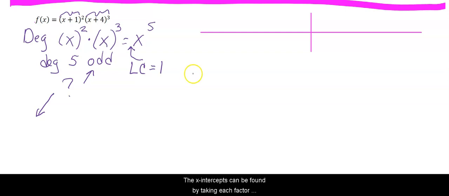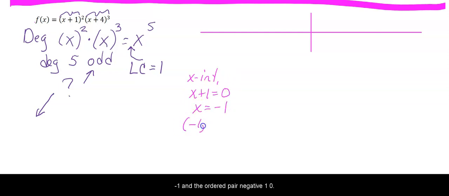The x-intercepts can be found by taking each factor and setting it equal to 0. So x plus 1 equals 0 gives me the solution x equals -1 and the ordered pair -1, 0. How many times did x plus 1 appear in the original factored equation?